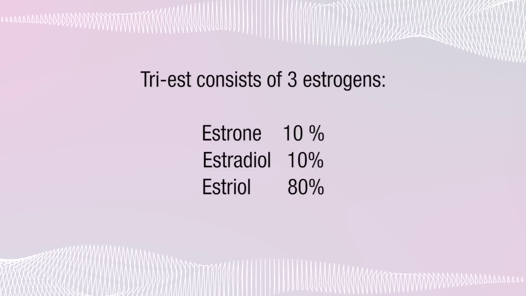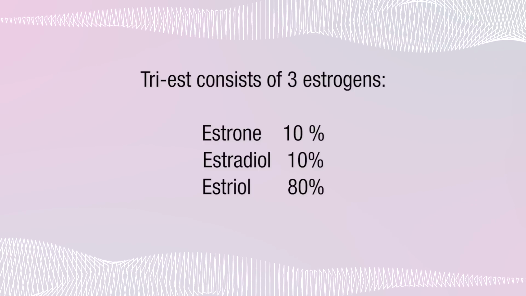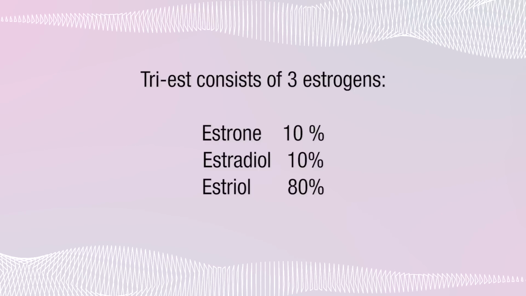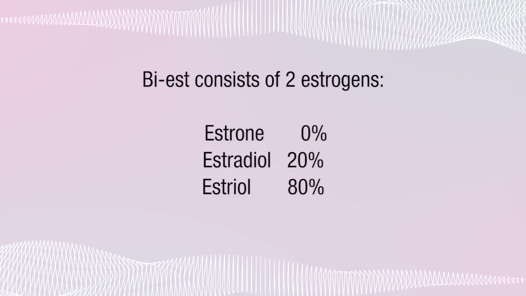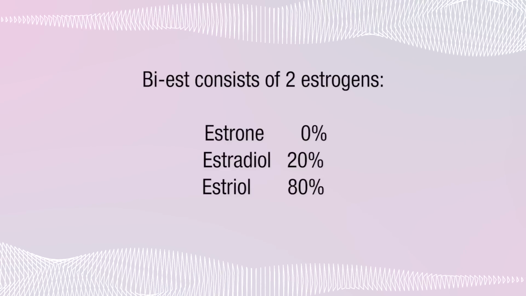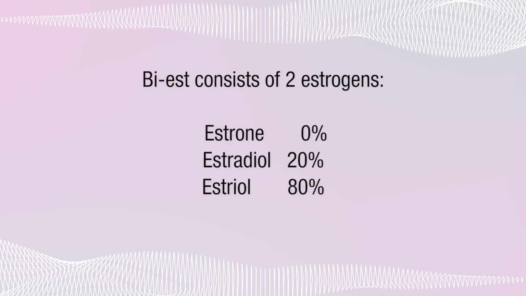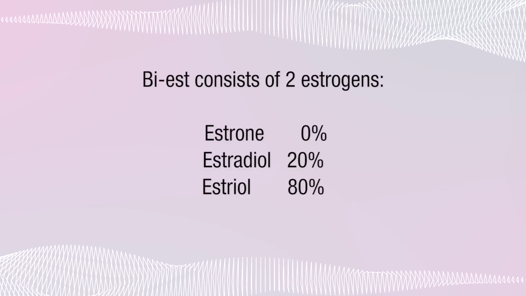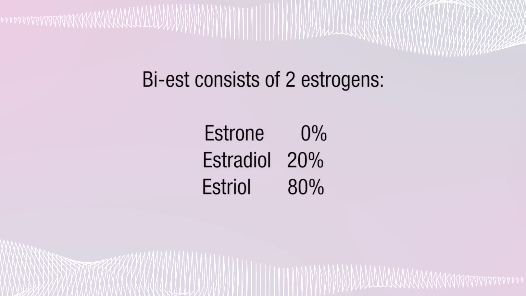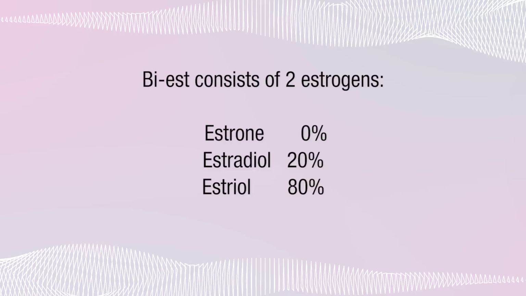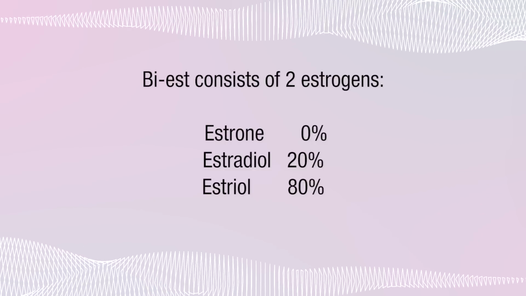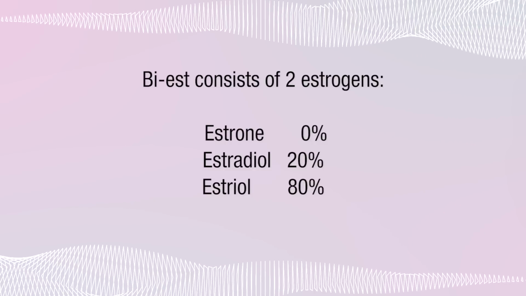So it's exactly like you had in your body before menopause. So it mimics what you had during your reproductive life. Alternatively, there's a Bi-Est formulation, and that one consists of 2 estrogens. And in that one, estrone is 0%. The estradiol is 20%, and the estriol is 80%.